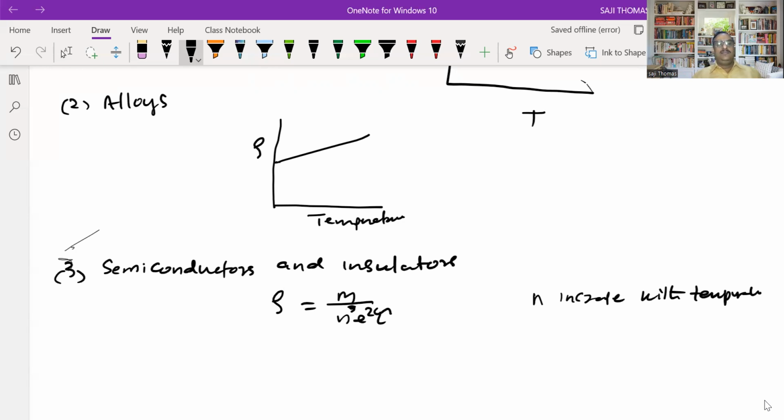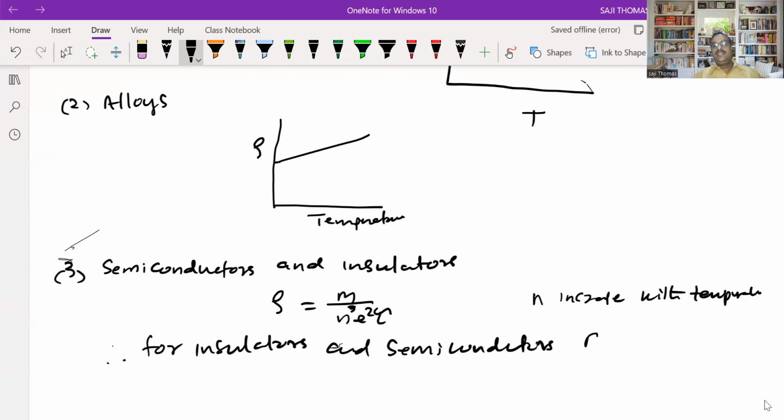Therefore, for insulators and semiconductors, resistivity decreases with increase of temperature.